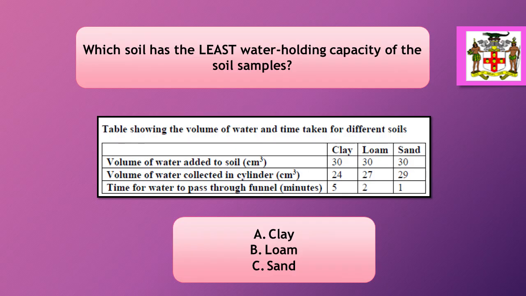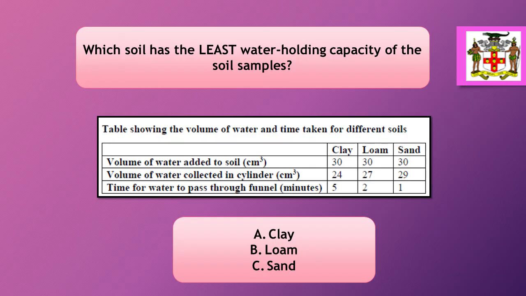Now we're asked which soil has the least, notice that word in bold, the least water holding capacity of the soil samples. So again, let us look at our results.